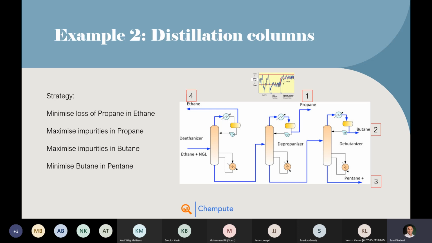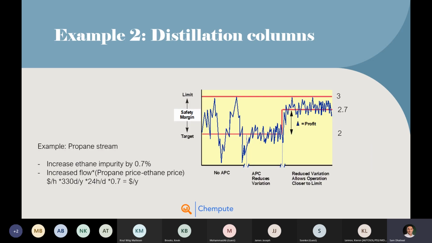So in this particular situation, if we look at the propane stream as an example, which I mentioned earlier, if we were to increase the amount of ethane impurity by 0.7%, and again, you can calculate this by looking at historical data for the amount of ethane impurity in this stream.